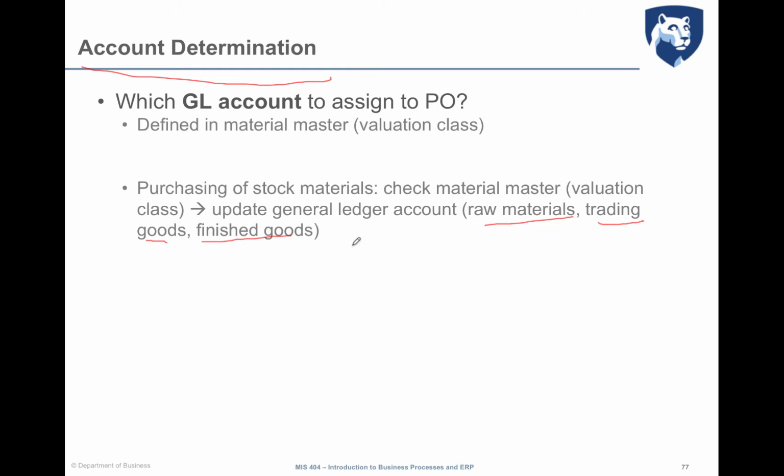And it's automatic, as we will see in the simulation. According to the data contained in the material master, we have a specific field named valuation class, and according to the valuation class, the system will be immediately able to recognize which general ledger accounts should be used for the case.